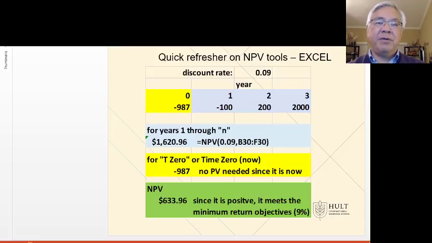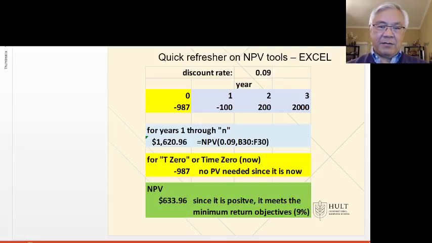First, let's do the NPV. In this case, equals NPV, discount rate of 0.09, and we're going to do years 1, 2, and 3. Then time 0, we're going to put as a negative 987 to be offset against the 1,620 as the NPV of the positive cash flows.